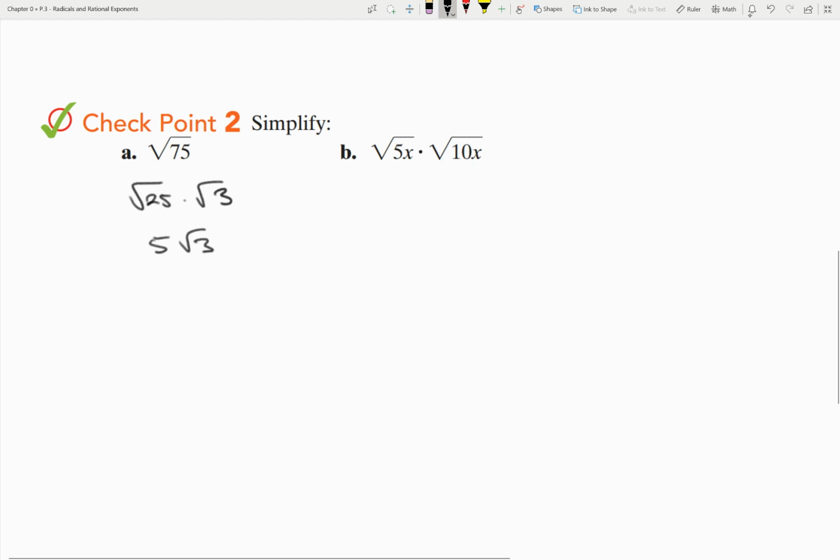For the second one, the first step is to put them together. So that gives me 50x squared. The biggest perfect square that goes into 50 is 25, times 2. Square root of 25x squared is 5x. The square root of 2 gets left behind and cannot be simplified anymore.